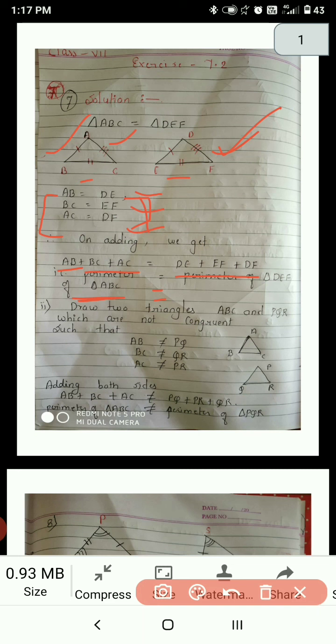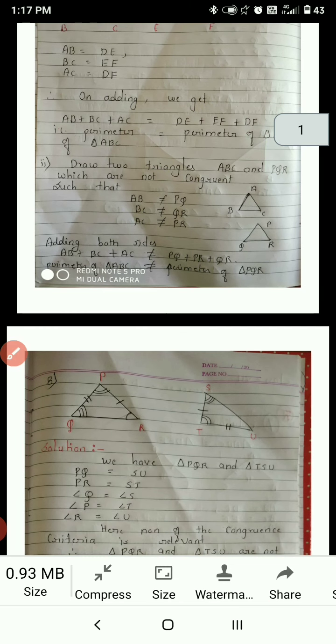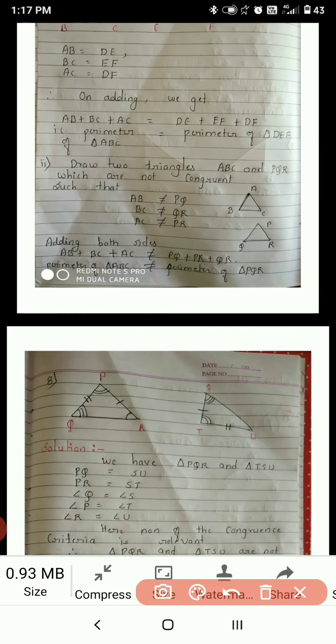Okay, now the second part of the same question. The second question is saying that the areas of two triangles are equal but they are not congruent. It means their sides and angles are not equal to each other. So here I have made two triangles ABC and PQR.